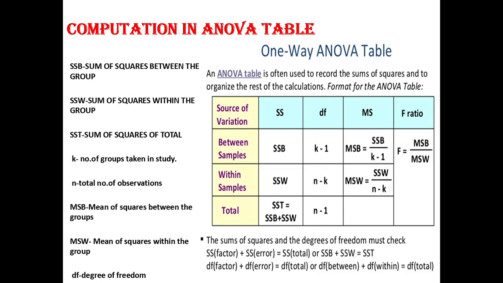SSB is the sum of squares between the groups, SSW is the sum of squares within the groups, SST is the total sum of squares, K is the number of groups taken in the study, N is the total number of observations, MSB is the mean of squares between the groups, MSW is the mean of squares within the groups, and DF is degree of freedom. This is a complex table, so you can go through different articles and books to learn more about ANOVA.